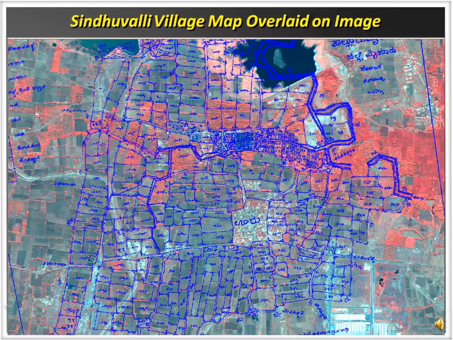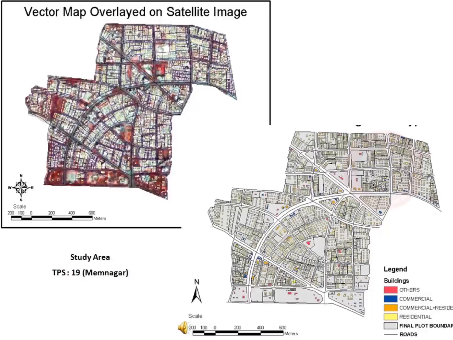The advantage of this is we can easily handle the map in digital form, it requires less space, and integration of maps becomes easy for analysis and decision making. Another example is an urban area with a satellite map overlaid by a vector map showing the features of buildings, land use pattern, etc.